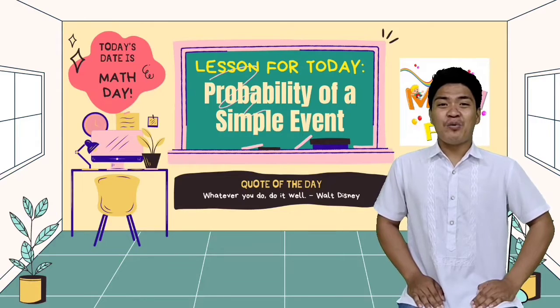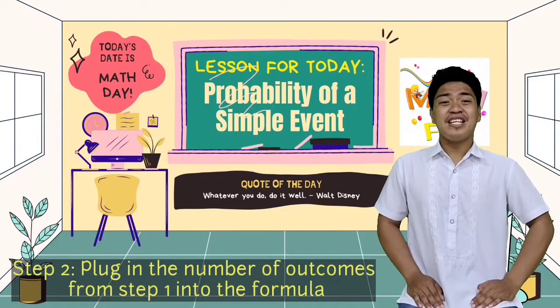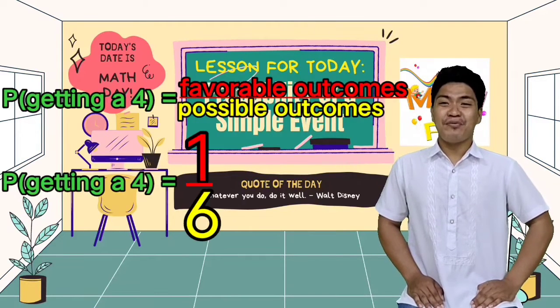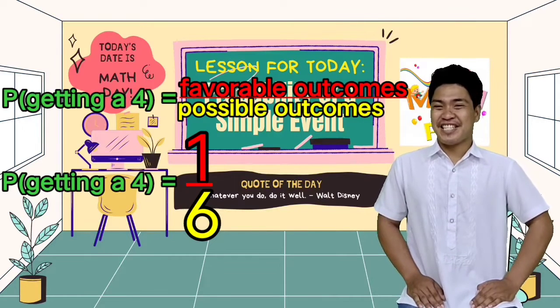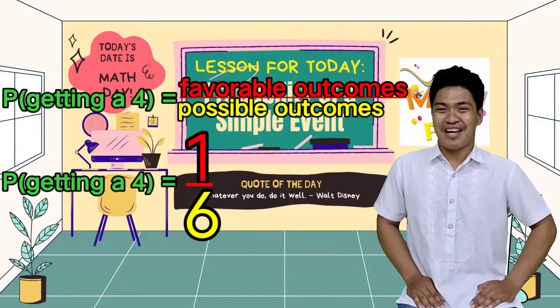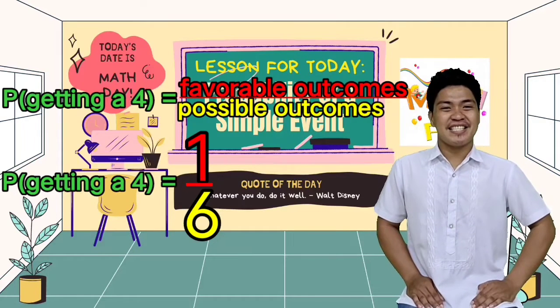This time, we are now ready to plug in the number of outcomes into the formula. 1 is the number of favorable outcomes divided by 6, which is the number of possible outcomes. So we have 1 divided by 6.